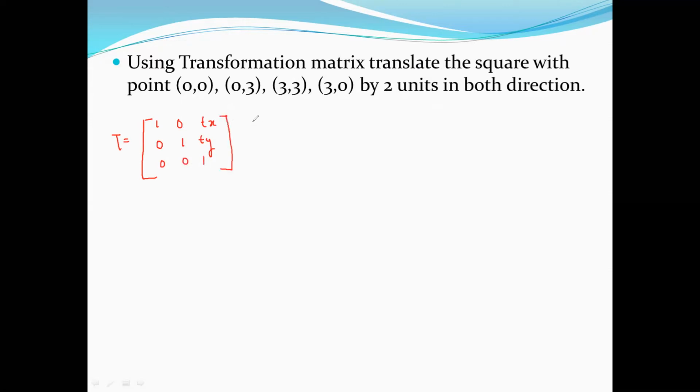Here you know that tx is 2 units and ty is also 2 units. So if we substitute this tx and ty, the final translation matrix will be like that: 1, 0, 2, 0, 1, 2, and then 0, 0, 1.